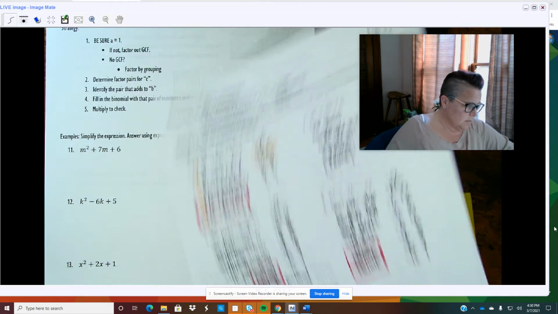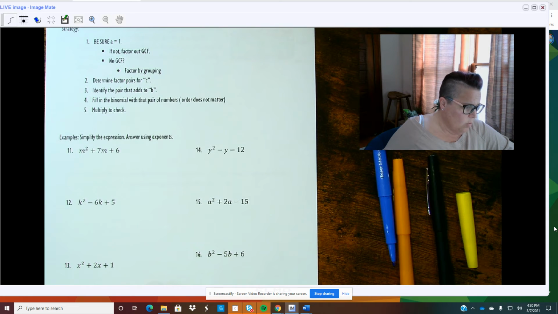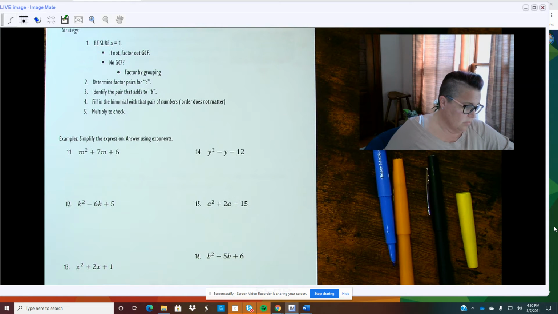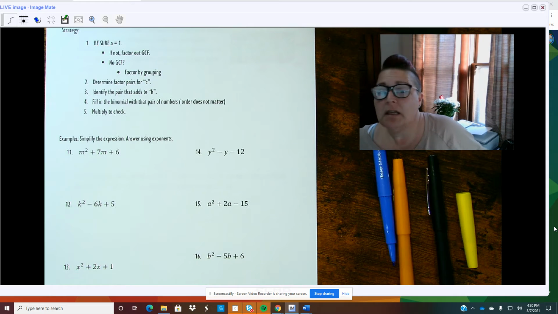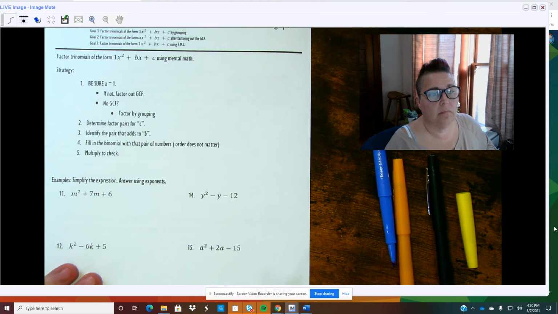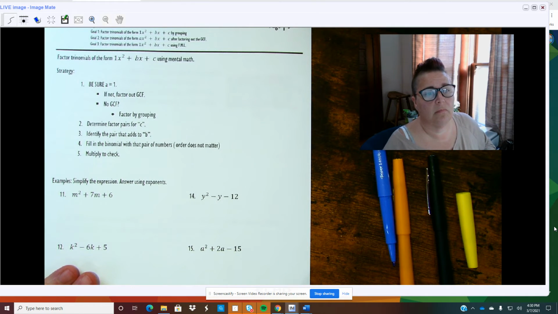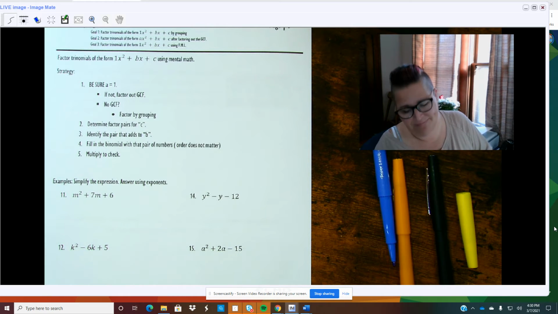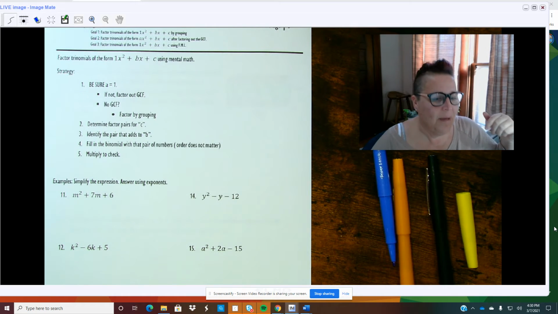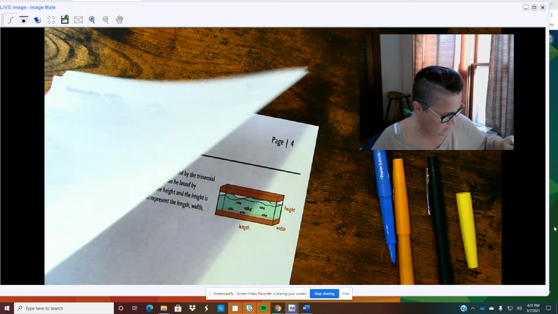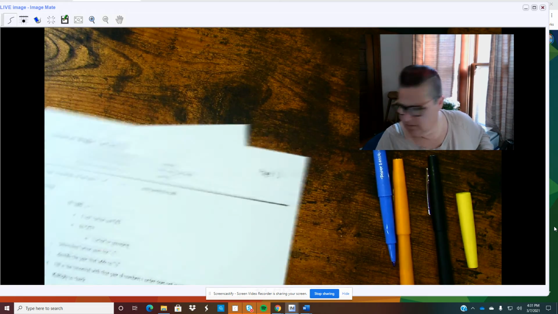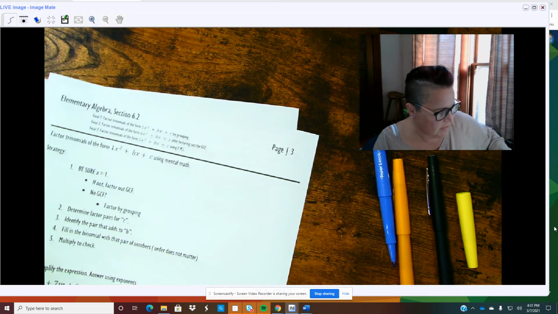Okay. All right. We're going to use mental math. Okay. So all right. I believe this is goal number 3, right? Yeah, this is goal number 3. I don't think I somehow lost it here. But this is goal number 3.